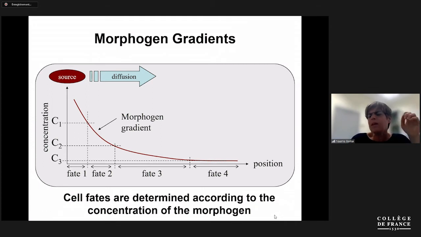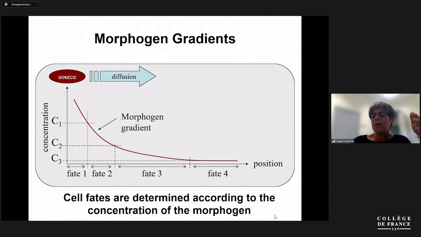We have some tissue, some field of cells. We have some initial clue. It could be set by the mother, or by a previous patterning process, that initiates the production of this special molecule at one side of the field. We can think about this as a field of cells, one dimension, and here we have a source. This is a source that generates a molecule that can be secreted out of the cells, diffuse, and degrade, and generate this gradient.